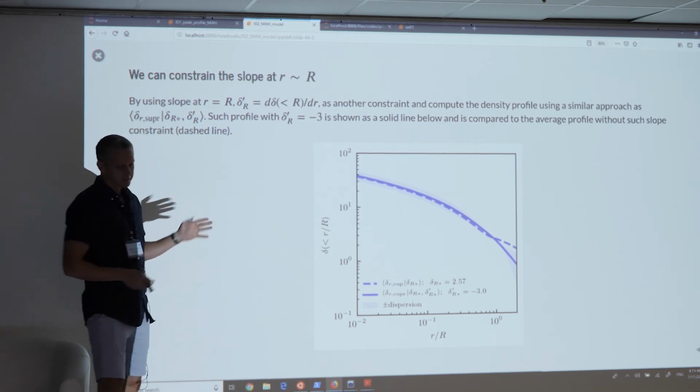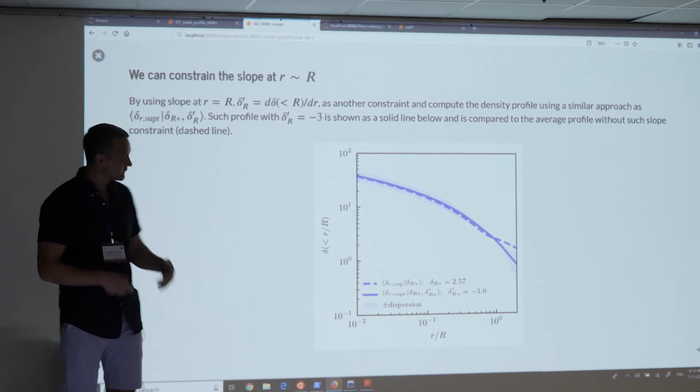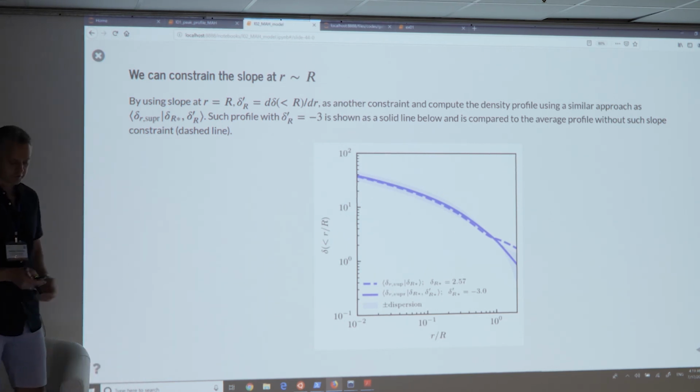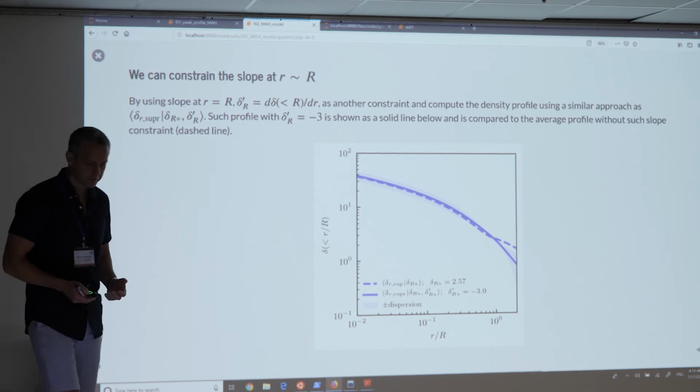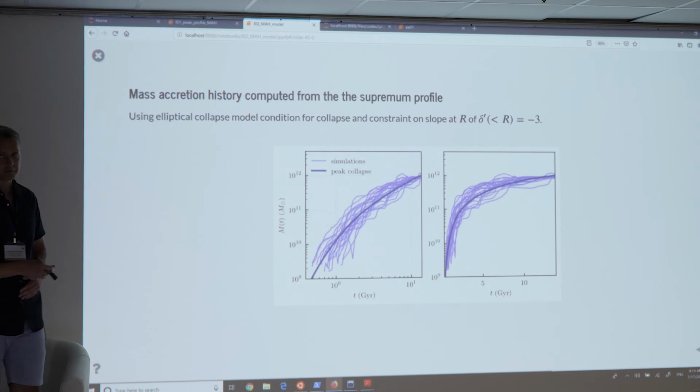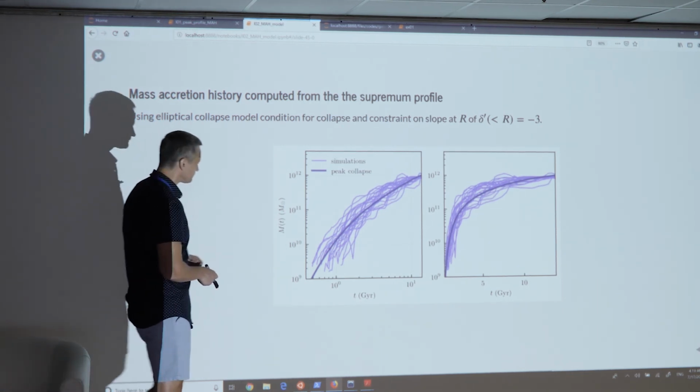This is already just playing with subtle things, but just to make a point that it's possible to refine this further and further, still maintaining the relative simplicity of this model, and get a result that fully describes numerical simulations. Now this model has the ellipsoidal collapse threshold, but also constrains the slope of the perturbation to be a particular value that's close to what the actual slope should be.